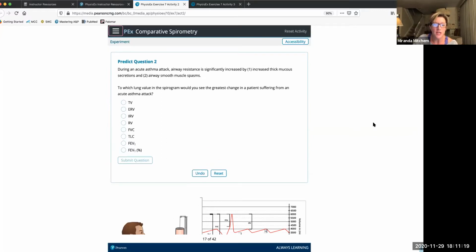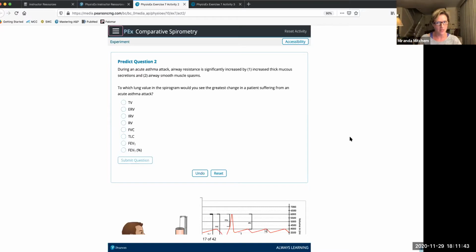Our prediction is during an acute asthma attack, resistance is significantly increased by the production of the mucus and then the clamping down, the bronchospasms. So to which lung volume in the spirogram would you see the greatest change in a patient suffering from an acute asthma attack? I do think that these are hard questions for you to be able to answer at this point.